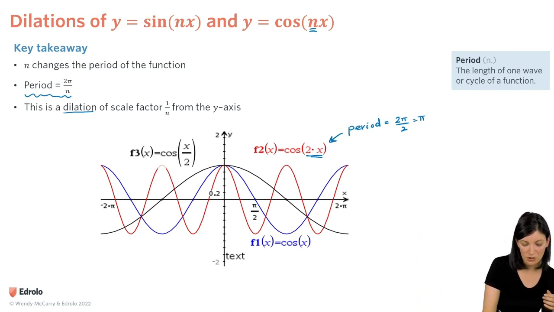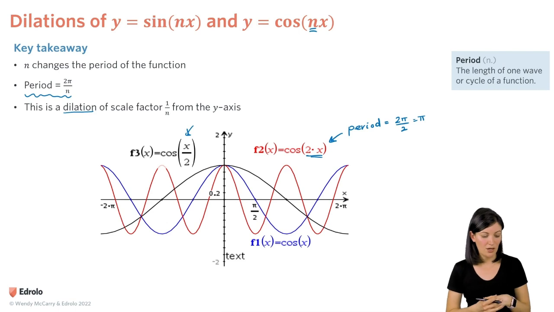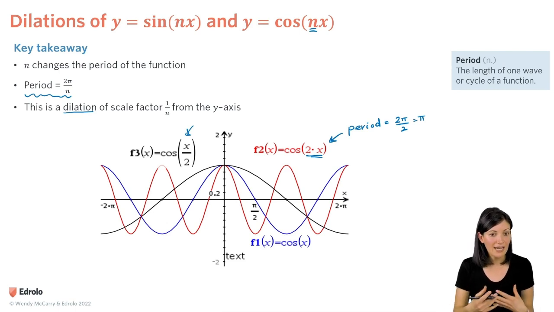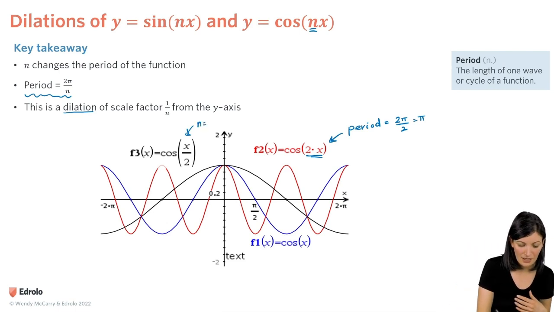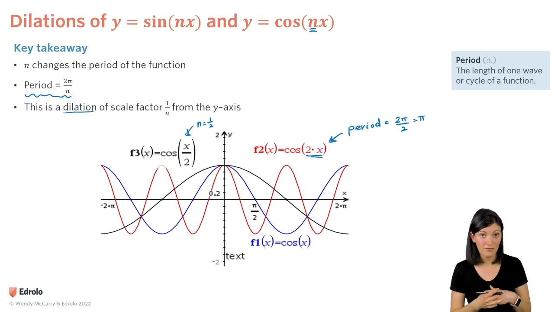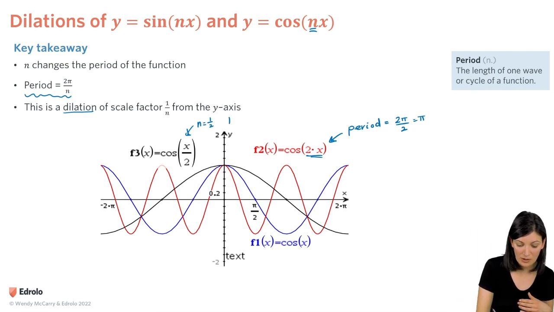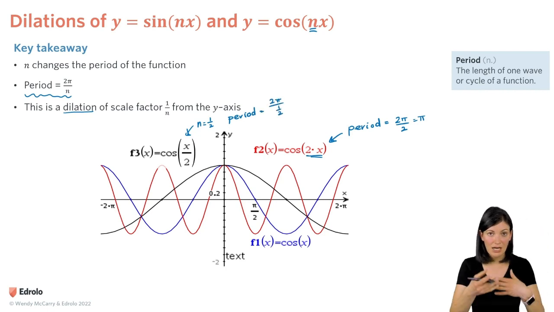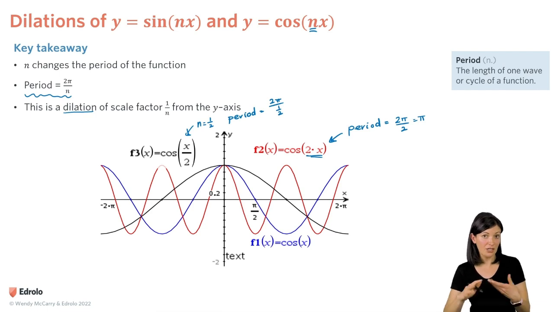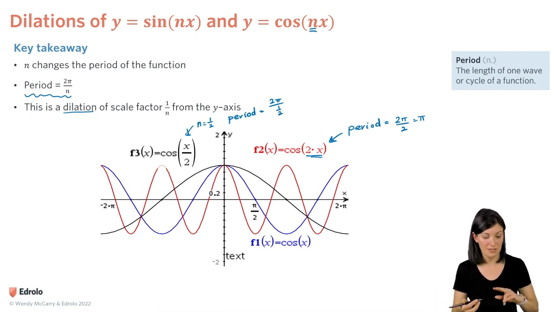Now, the reason I got you to do this one here, the cos of x over 2, in this case, n is 1/2, okay? So to work out the period of this one, I would do 2 pi divided by 1/2. Now, remember, when I divide by a fraction, I have to multiply by the reciprocal.